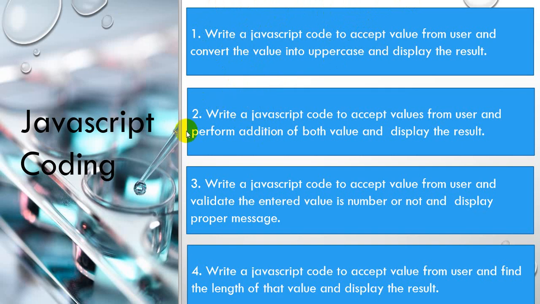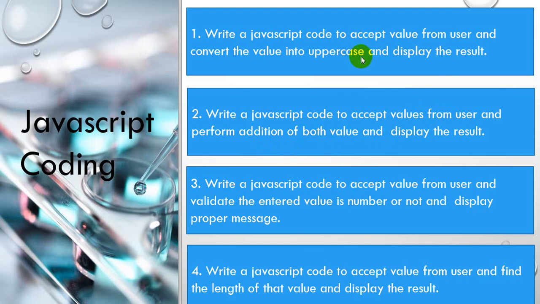Now we have the second question, that is, write a JavaScript code to accept value from the user. Means half of the question is the same. We have to use a prompt box and accept values, and inside that we have to perform addition of two numbers.